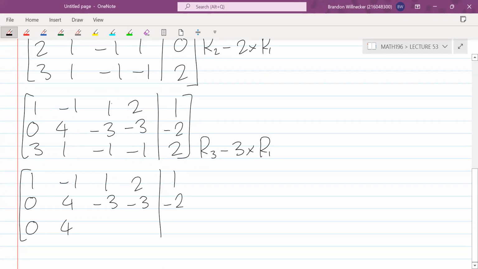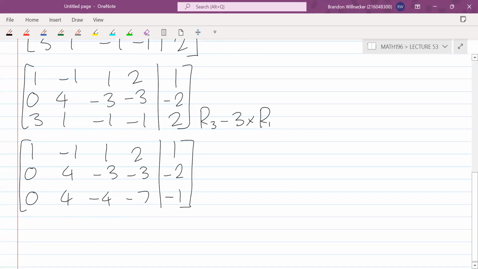Minus 1 minus 3, that's minus 4. Minus 1 minus 6, that's going to be minus 7. And 2 minus 3, that's going to be minus 1. Okay, good.